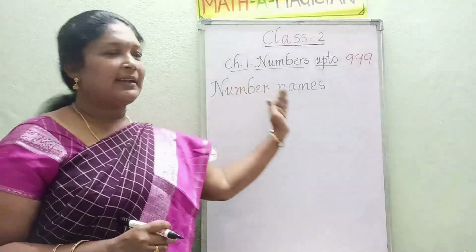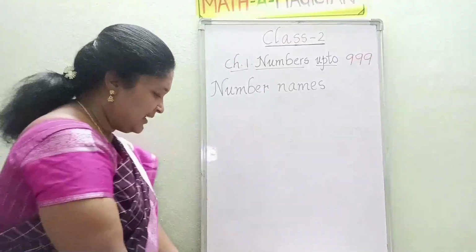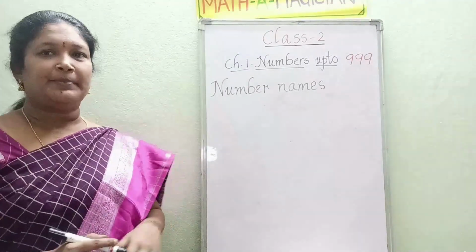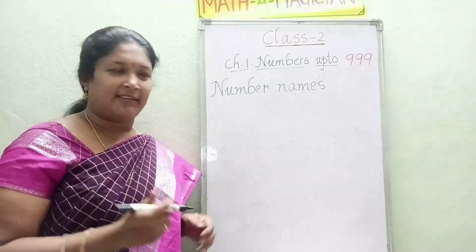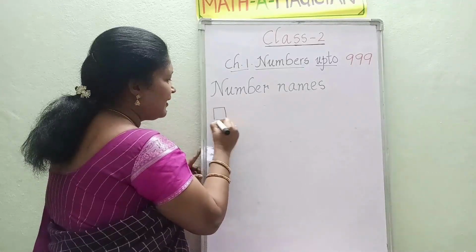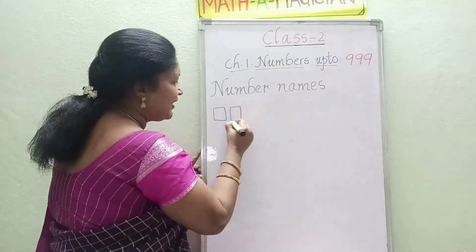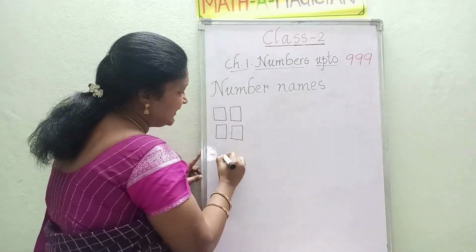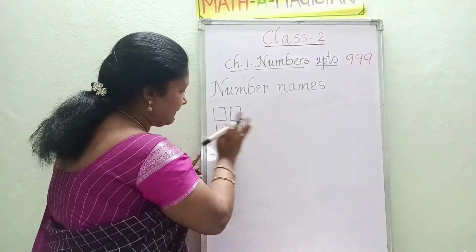That is called number names. Okay? Here, tell me any one number, children. It should be 3-digit and more than 500. Okay? See here. First, I will draw with the pictorial representation. You should tell that number.